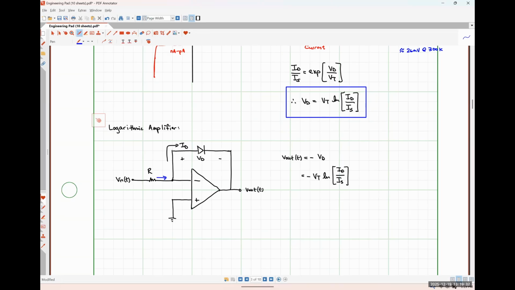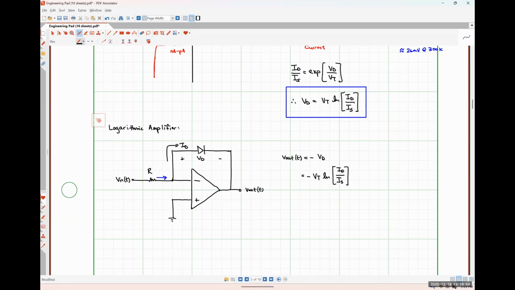Because we know that the voltage present at the inverting input node will be exactly 0 volts because we've got the non-inverting node grounded. The current through that resistor will just be Vn over R, and that current has to be the same as the diode current that's flowing through KCL.